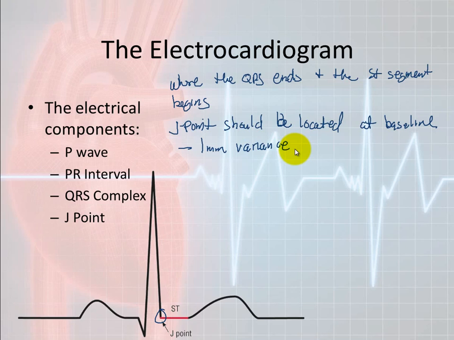Now, if you get past 1 millimeter and you have it in what's called contiguous leads, which is in the 12 lead part of this program, then you can say that there's maybe an emerging heart attack of some kind, cardiac ischemia going on. But just understand that 1 millimeter is a normal variance typically for the J point. And that's a variance from the isoelectric line or baseline.